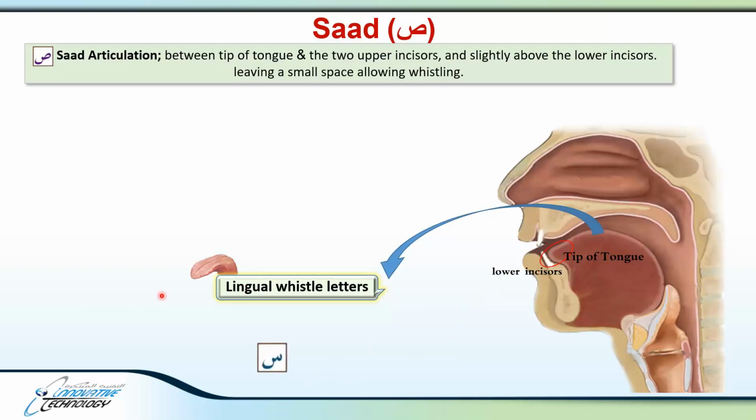Now, if we take that tip a little bit backwards, so if we take this articulation point a little bit deeper and move it backwards, this is how it looks when the tongue pronounces the S, leaving an area for the whistling. S. Now, if we take the articulation point backwards, and we take the tongue again backwards, making a curvature in it like this, os, it produces the os.